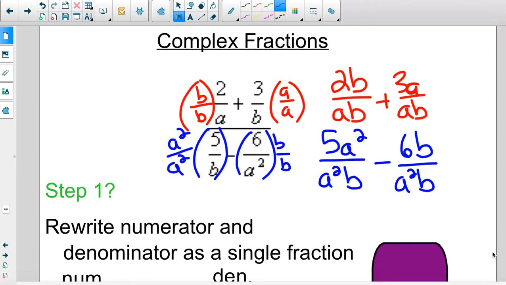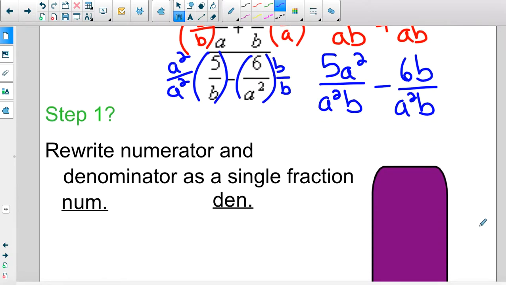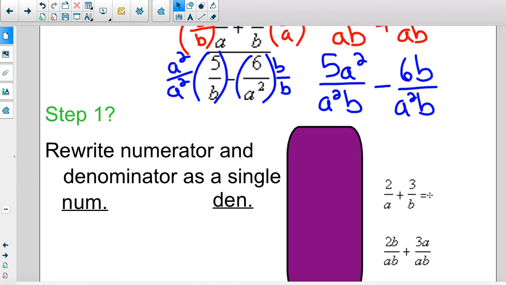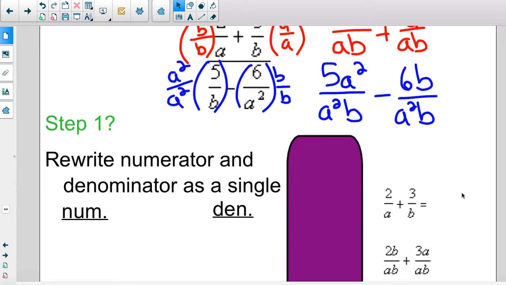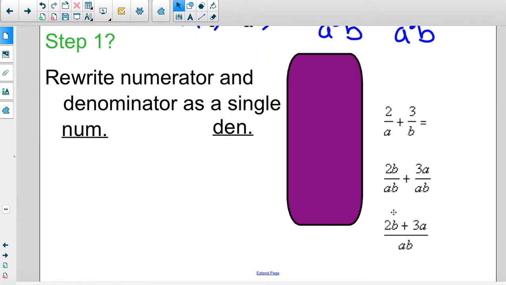Rewrite the numerator and the denominator as a single fraction. So we ended up getting our numerator, 2b over ab and 3a over ab. And when we combine them, it's going to be 2b plus 3a just over ab, just like any other fraction. So that's the numerator.